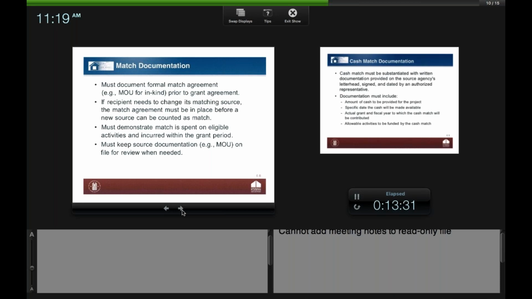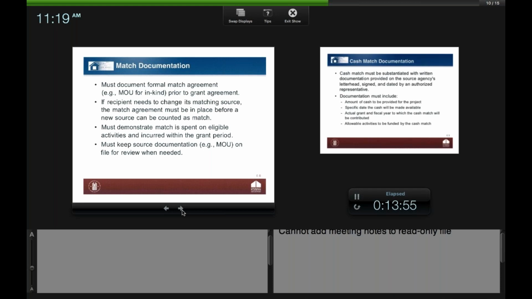However, in order for that match to then be counted, which again must be evidenced prior to grant agreement, the new match source must be documented. Moving forward, grant match documentation must demonstrate that match is spent on eligible activities and incurred within the grant period.